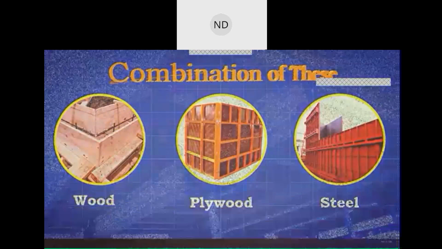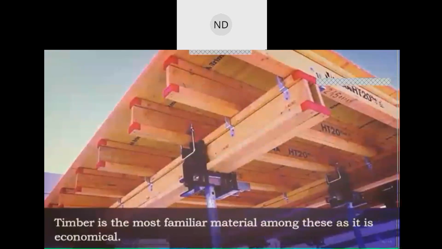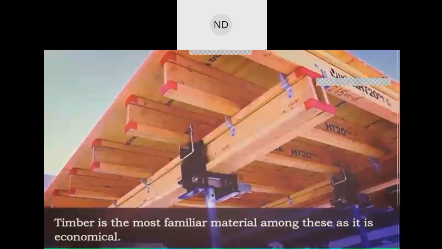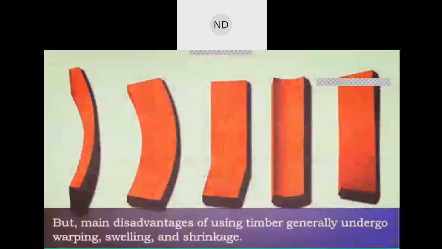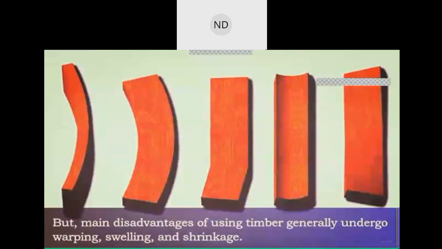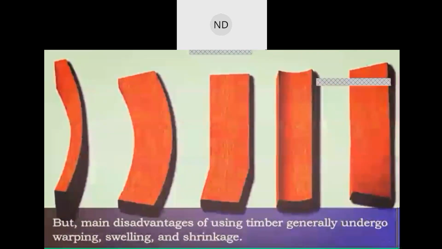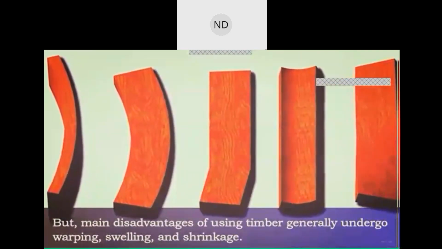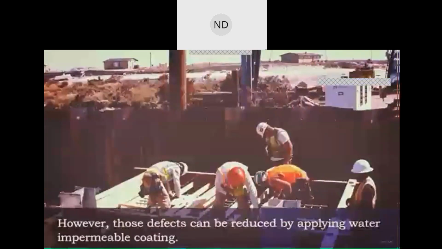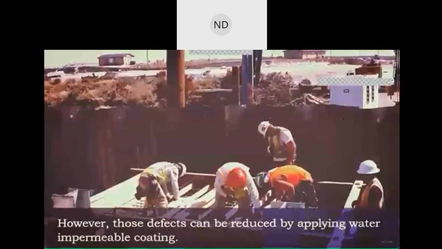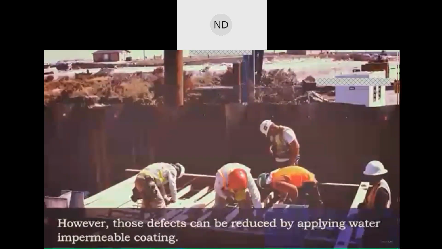Timber is the most familiar material among these as it is economical, but its main disadvantages are that it generally undergoes warping, swelling, and shrinkage. However, those defects can be reduced by applying a water-impermeable coating.